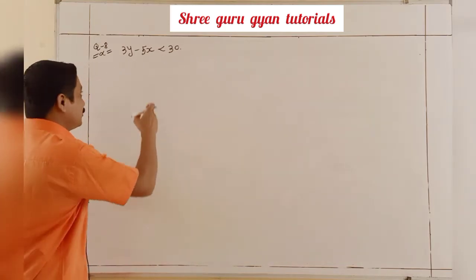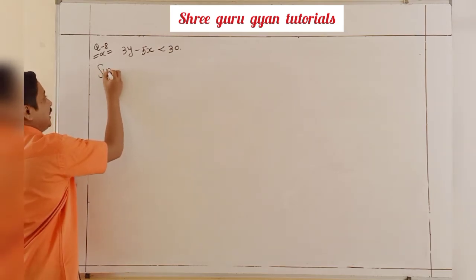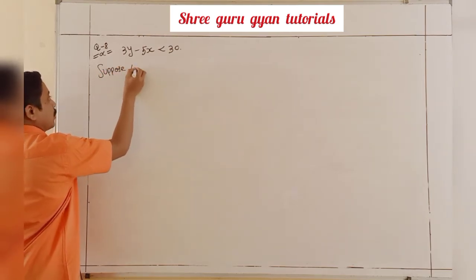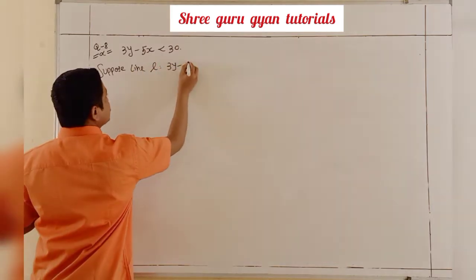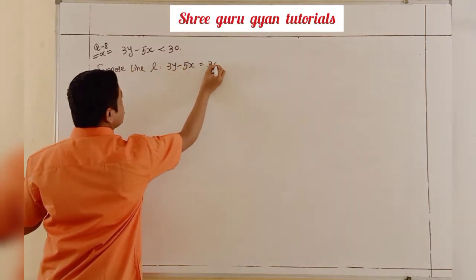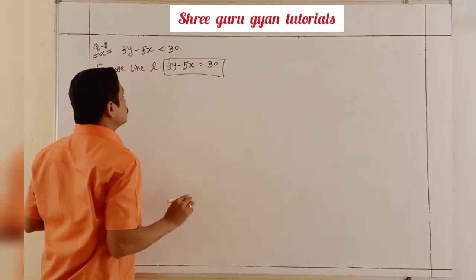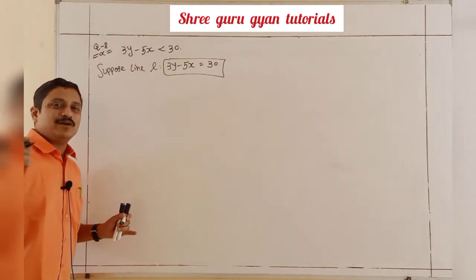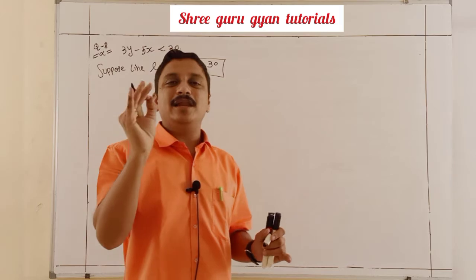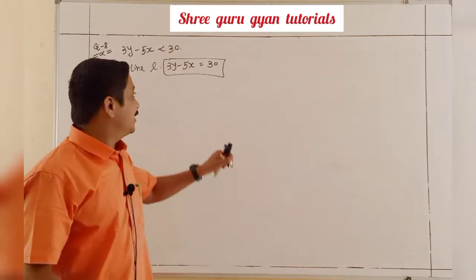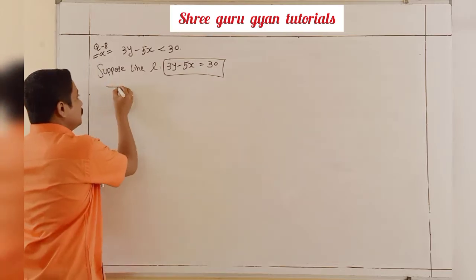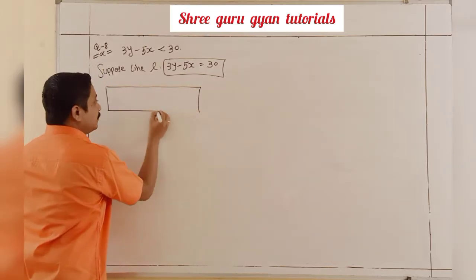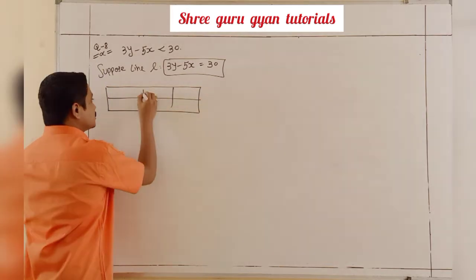So first we take one of the lines, line L: 3y - 5x = 30. Whether less than or equal or greater or equal, any given, you must write here 'is equal to'. Now plot the table and put down some values.